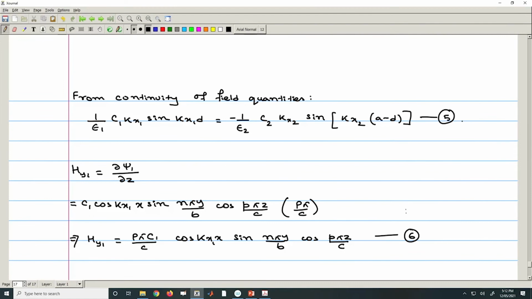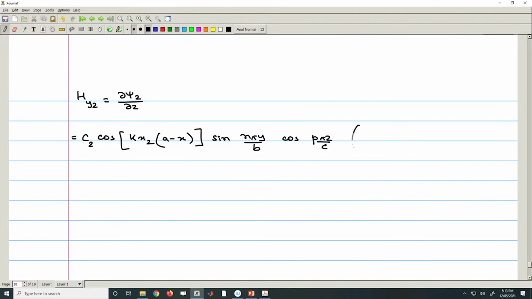Now, we will calculate h y 2. So, h y 2 will be del psi 2 upon del z. So, this will give us C 2 cos of k x 2 a minus x sin of n pi y upon b cos of p pi z upon c, p pi by c.